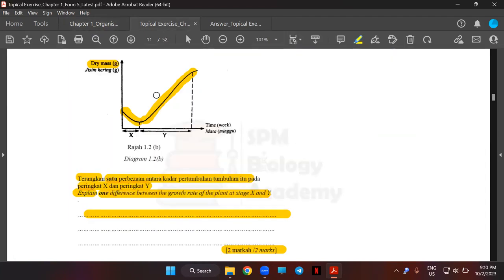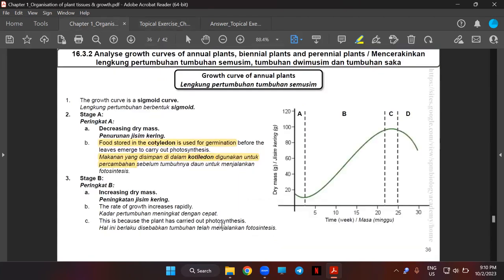Manakala di peringkat Y, the plant has carried out photosynthesis. Manakala di peringkat Y, tumbuhan telah menjalankan fotosintesis.